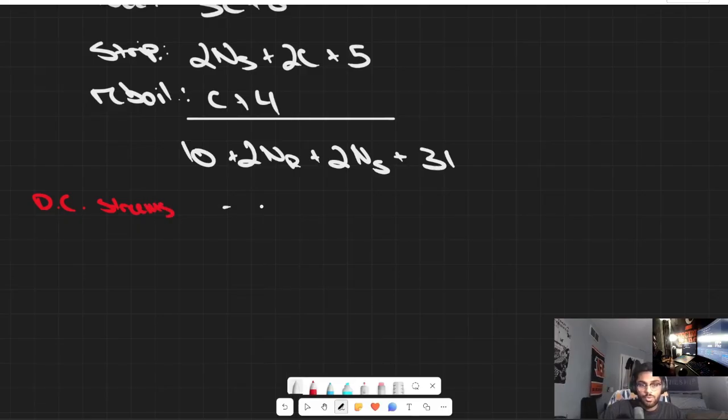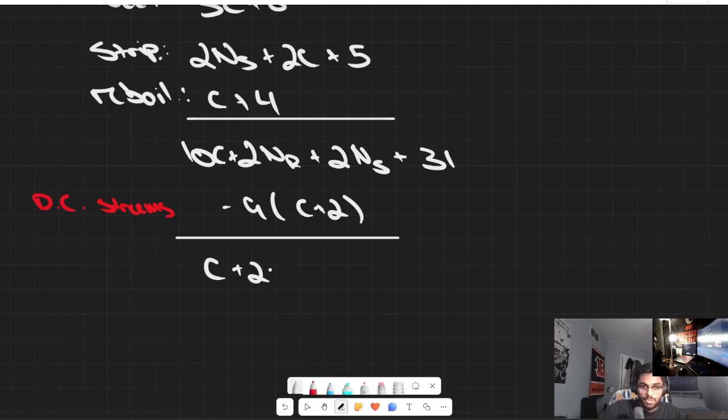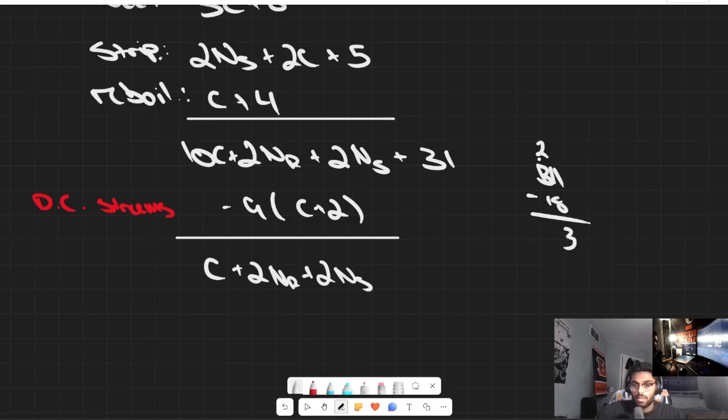And for that, we'll subtract 9 times C plus 2. So if you do that, minus 9C, there should be a C here, minus 9C gives us C plus 2NR plus 2NS minus 18, so 31 minus 18, 11 minus 8 is 3, and then 2 minus, so 13 here, plus 13.